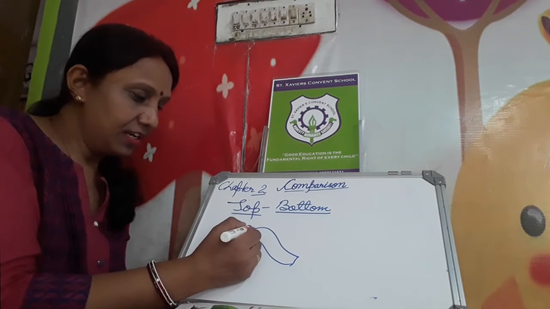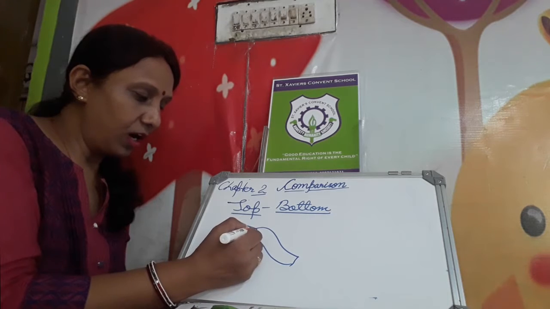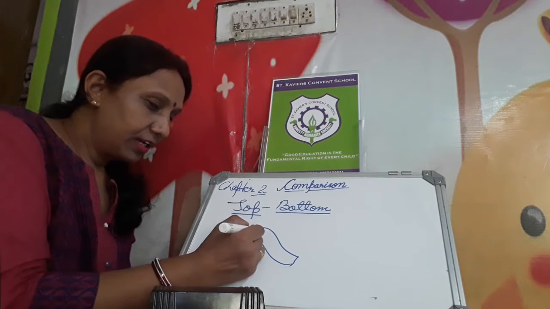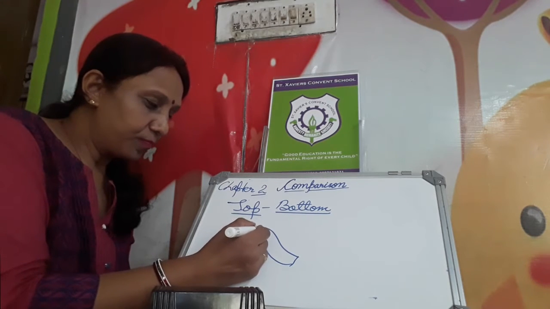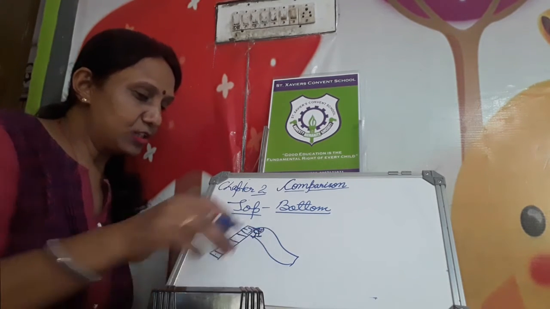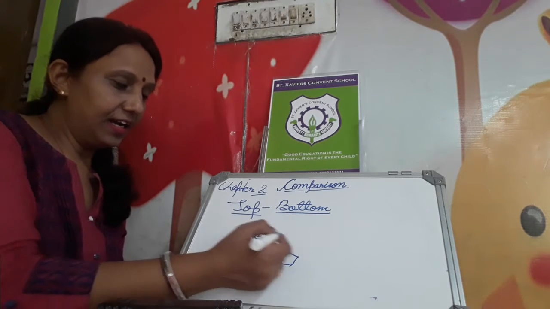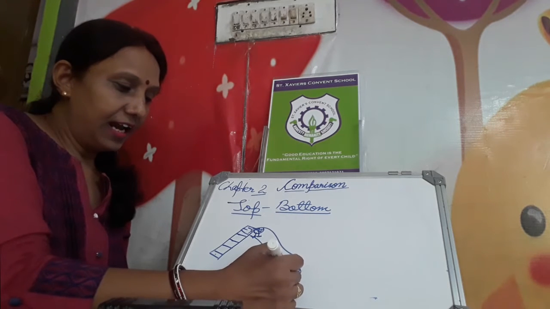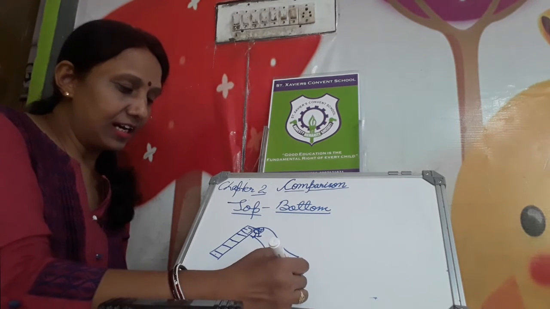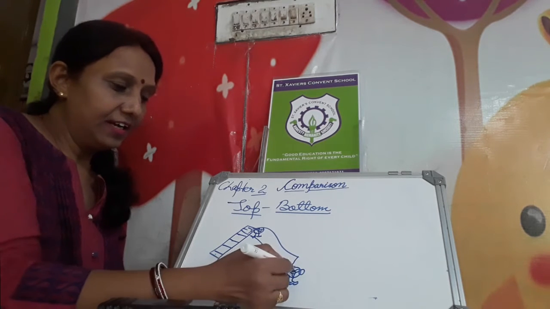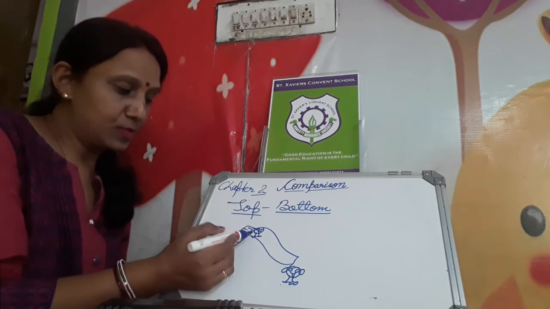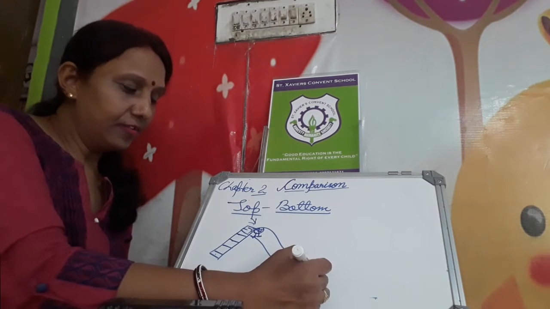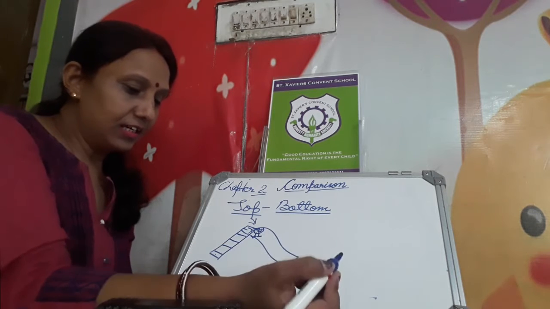Here you can see one boy standing at the top. And one girl is standing at the bottom of the slide. This girl is standing at the bottom of the slide, and this boy is here at the top.